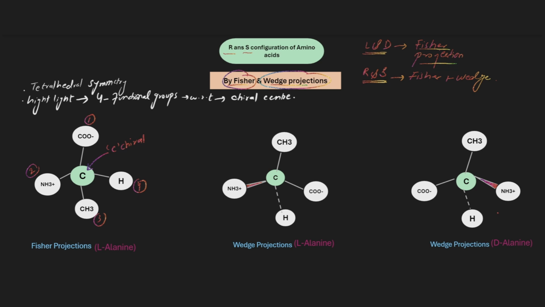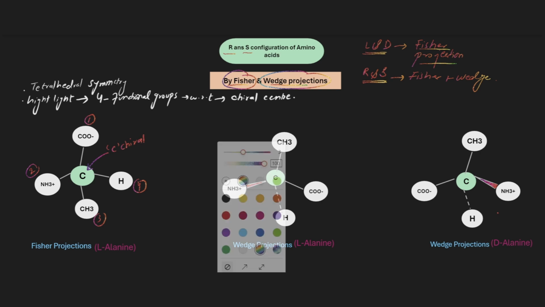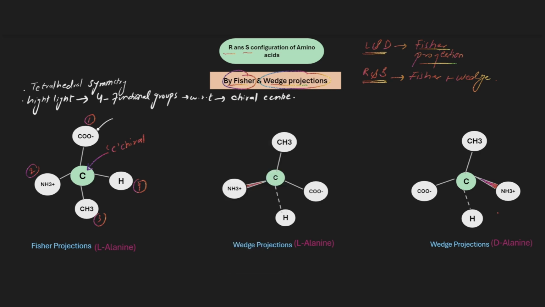According to the Fisher projections, the highly oxidized group, that is, the carboxylic group, is given the top position, just like it is present at the top of the chain in the case of sugars. So it is given a top position with respect to the chiral center in the structure of the amino acids. Similarly, the R functional group, which is variable, could be different for every type of amino acid.